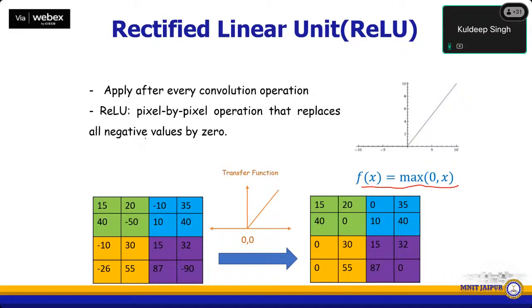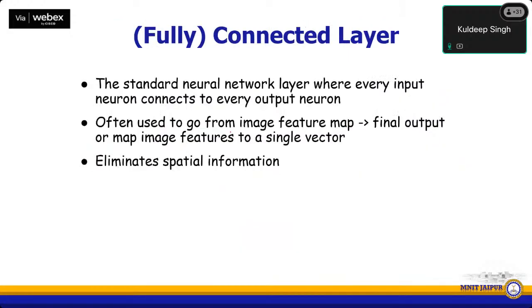So in rectified linear unit, we have a pixel by pixel operation that replaces all negative values by 0 and puts the same value for the positive ones. Here you can see all these negative values are replaced with 0, and the positive values are propagated as it is. So that's the transfer function of rectified linear unit.